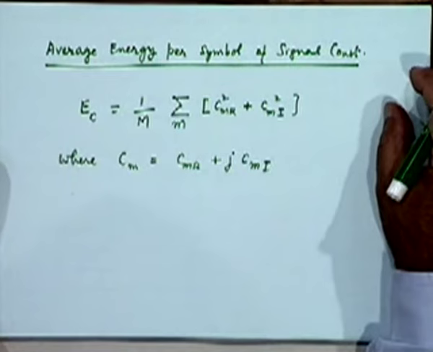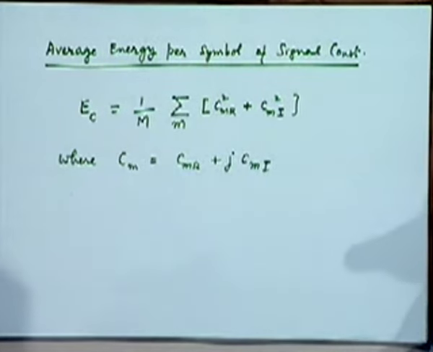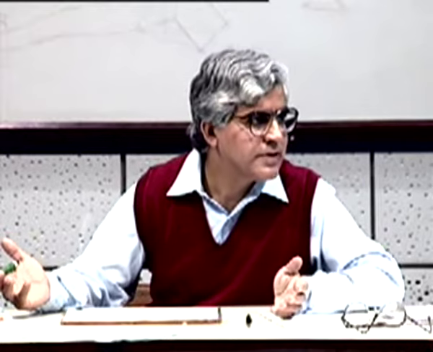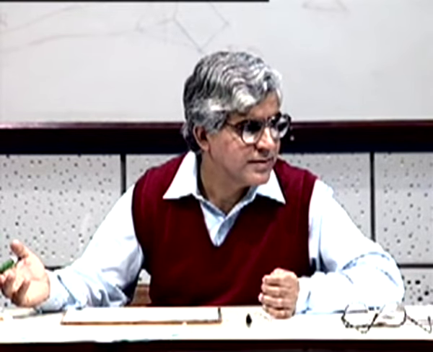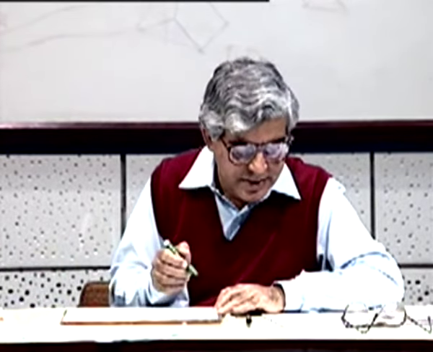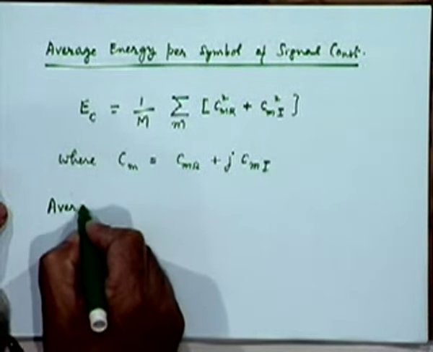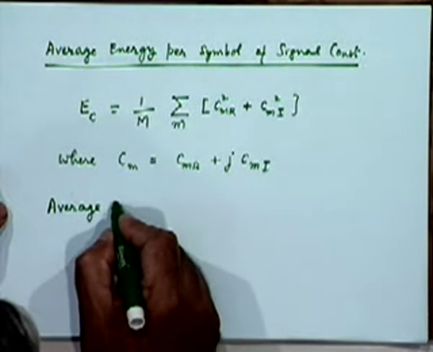We are assuming every symbol occurs with the same probability, which would be true if every bit occurs with the same probability independently of every other bit. So yes, this assumption is implied in this definition.